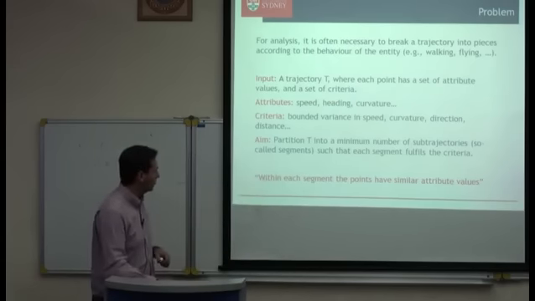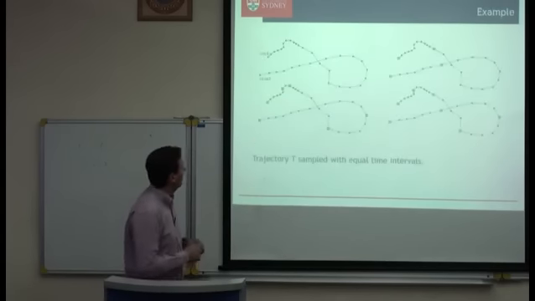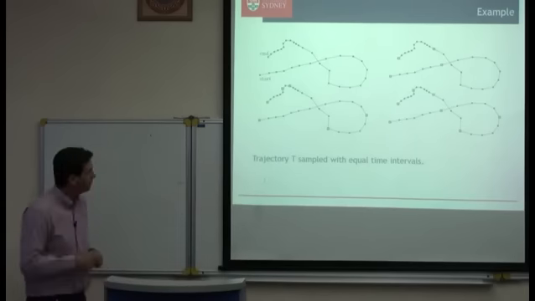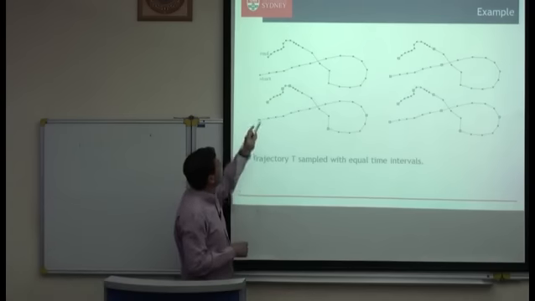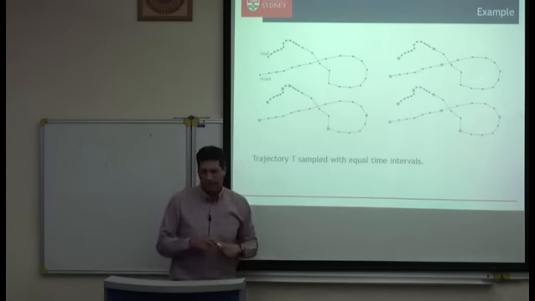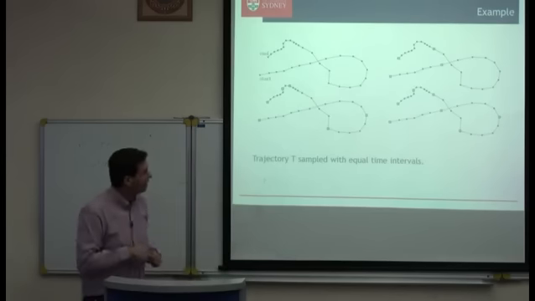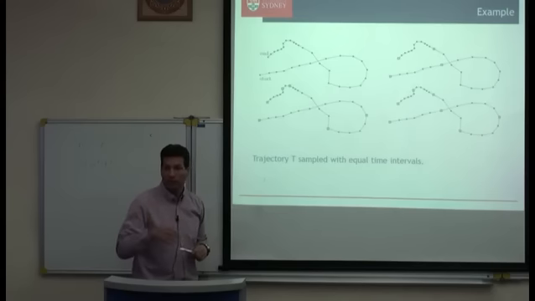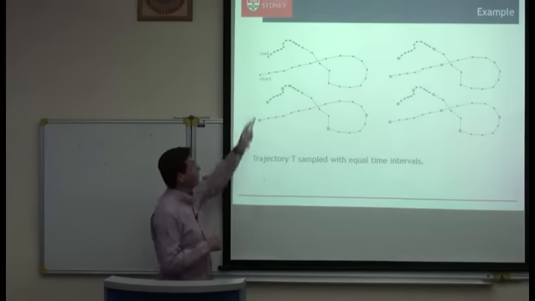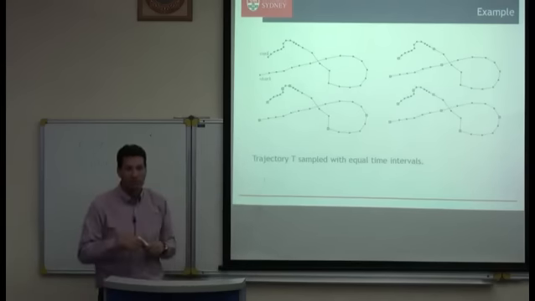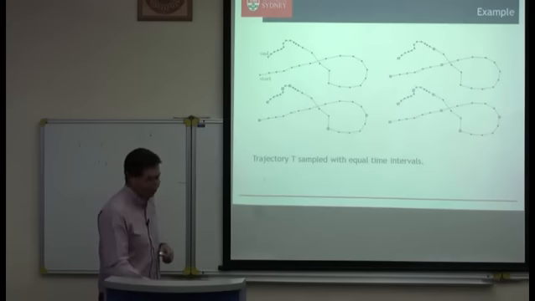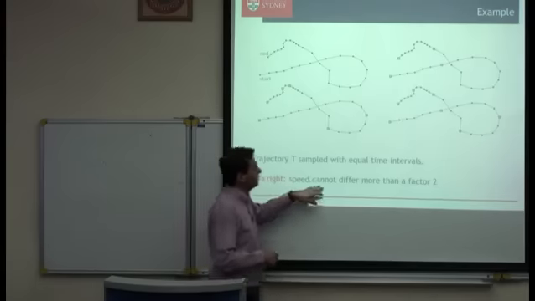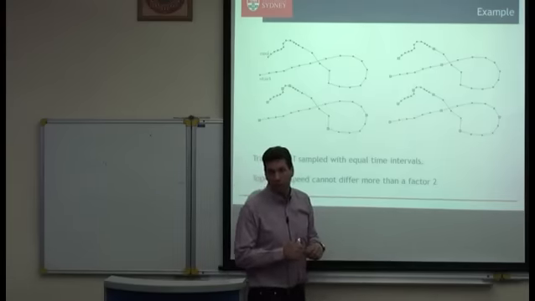So an example. Here we're given as input the trajectory in the top left corner, and say that the coordinates of this entity are measured with regular intervals, say every minute or so. So that means that the length of an edge actually corresponds to the speed. Look at the top right one. There we say, for example, the speed cannot differ by more than a factor of 2.